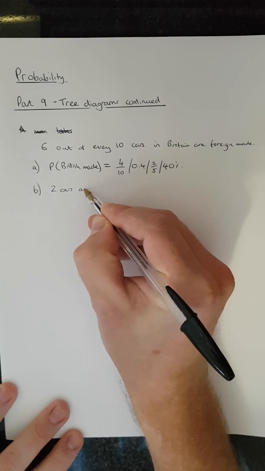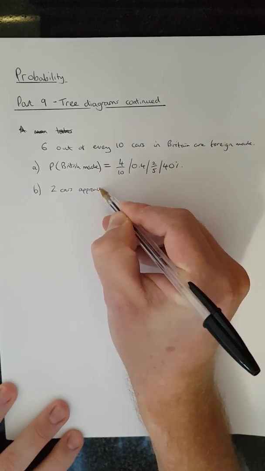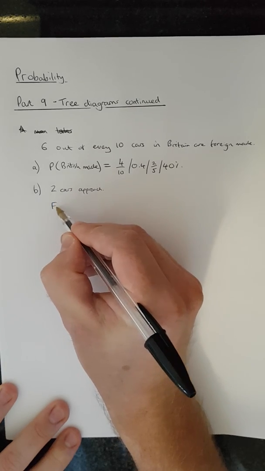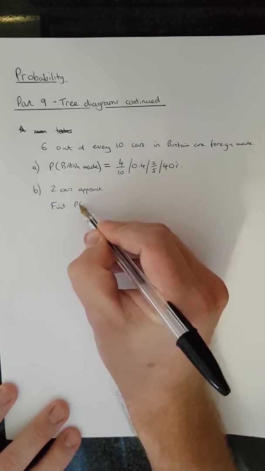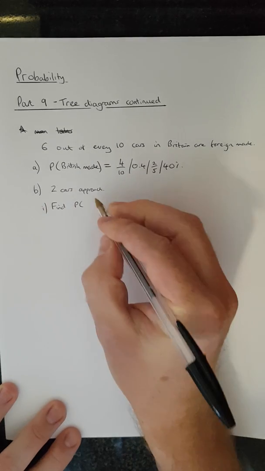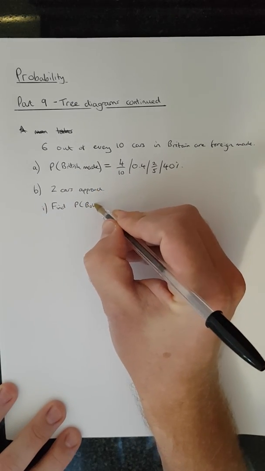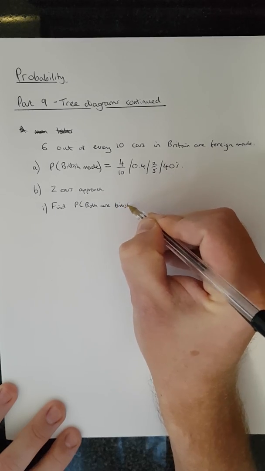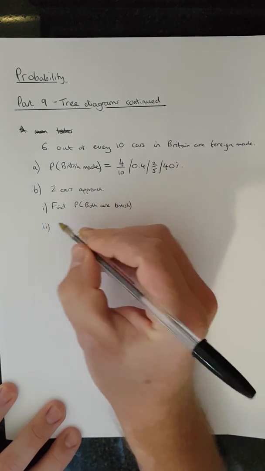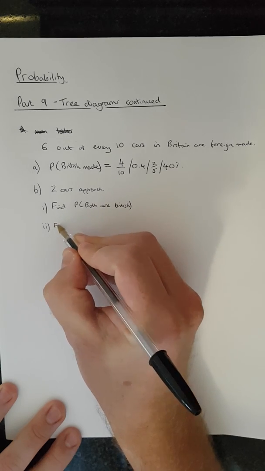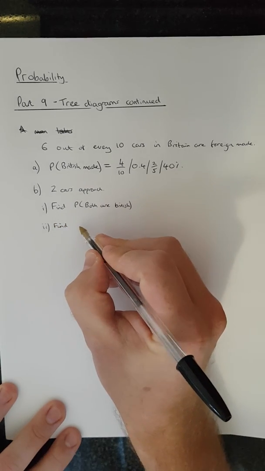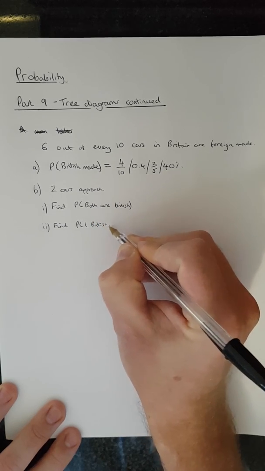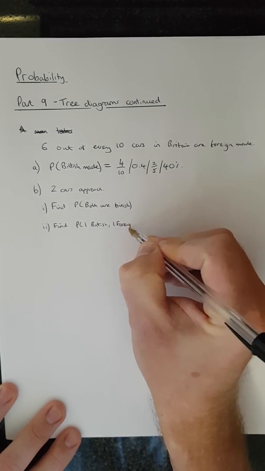2 cars approach. First off, find the probability that both are British, and then after that find the probability of 1 British, 1 foreign.